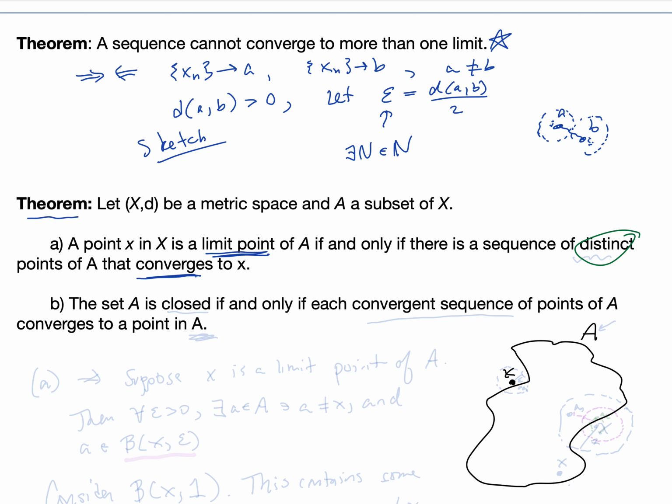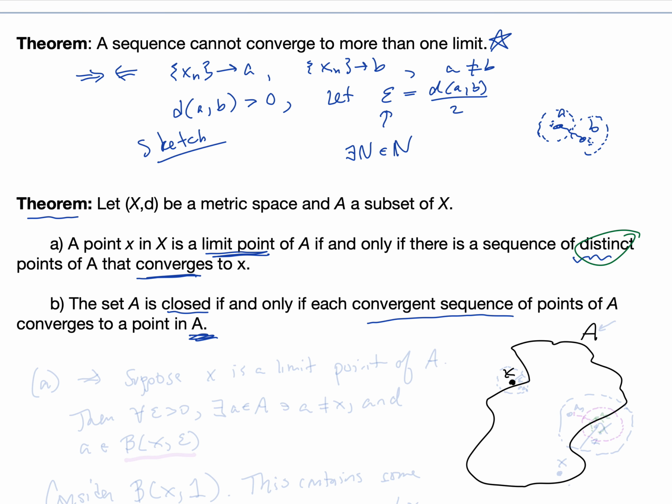Secondly, a set A is closed if and only if each convergent sequence of points of A converges to a point in A, not in some other place in the space X. This is a neat theorem because it's connecting all these different things we've talked about: limit point to convergent sequence.